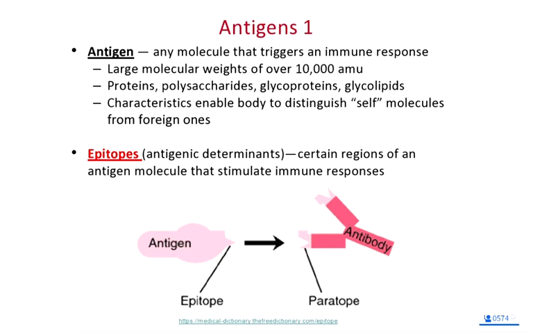As we look at an epitope, it is just a variation of an antigen, or it's a different part of an antigen that the antibody could bind to. Some antigens are so large that different antibodies can bind to different parts of those antigens.